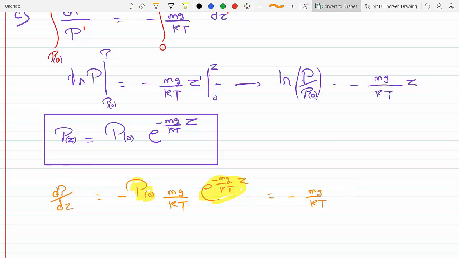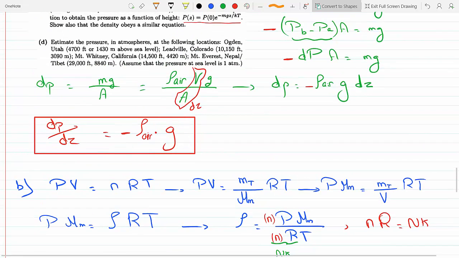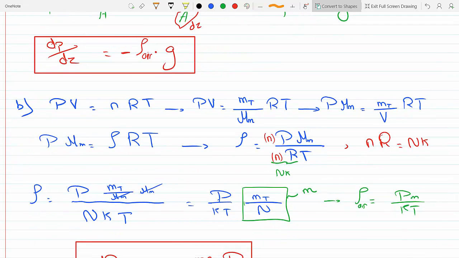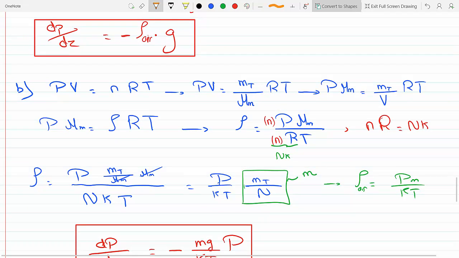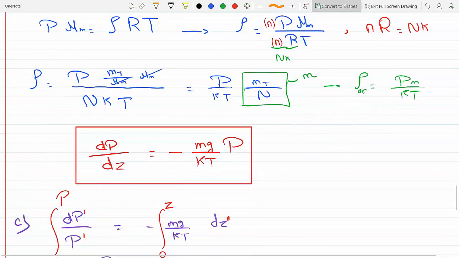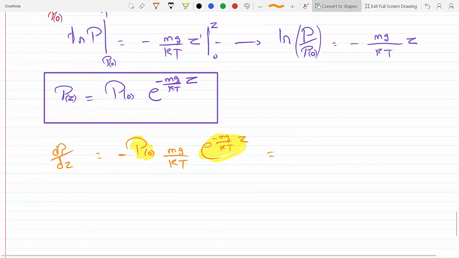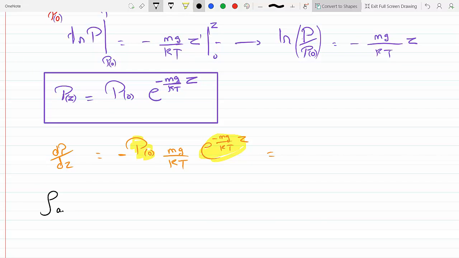Or let's just leave it as is. From the first equation I know that dP over dz equals minus rho air g, so rho air would be minus dP over dz divided by g.